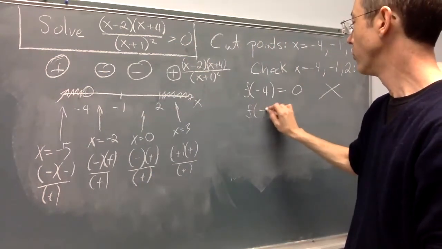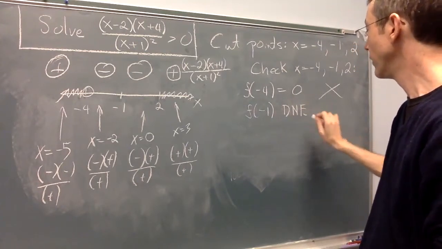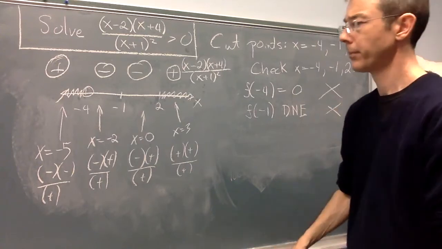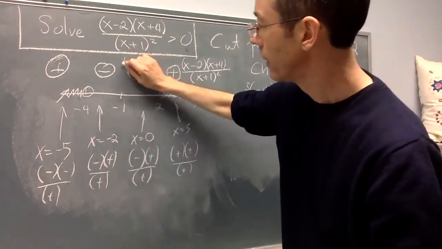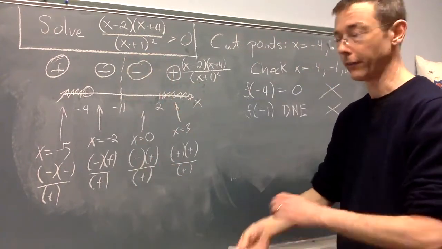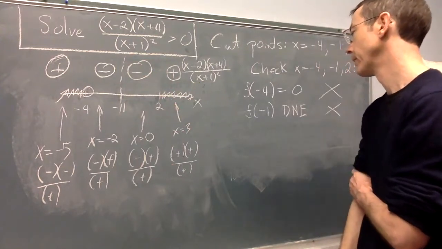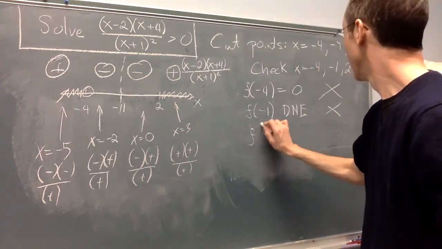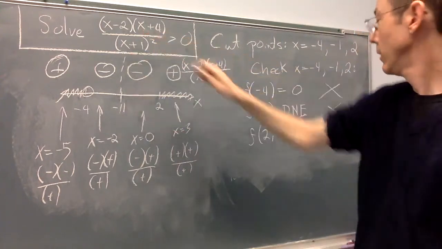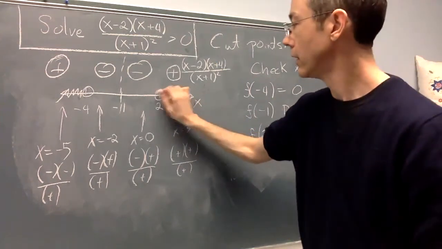At f of -1, the function isn't defined, does not exist. So the inequality is not true there. I could put an open circle here, but a lot of times you'll see a sort of vertical asymptote drawn on these sign charts to indicate that the function isn't even defined there. It's got a vertical asymptote. Finally, let's check f of 2. When I plug in 2, I get 0. And again, the inequality is false there.